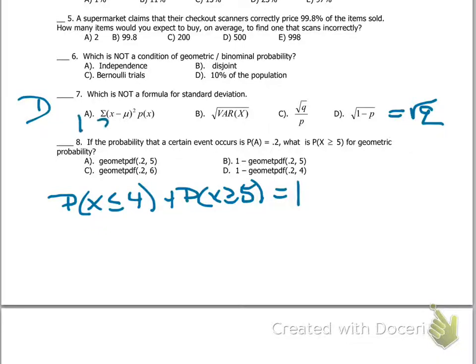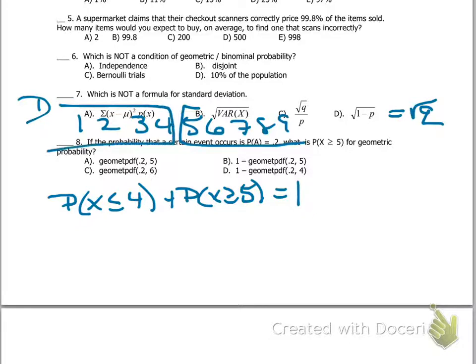Right? So if you have 1, 2, 3, 4, 5, 6, 7, 8, 9, and so on, here is x greater than or equal to 5. So therefore we have to end at 4 because we're talking about integers.